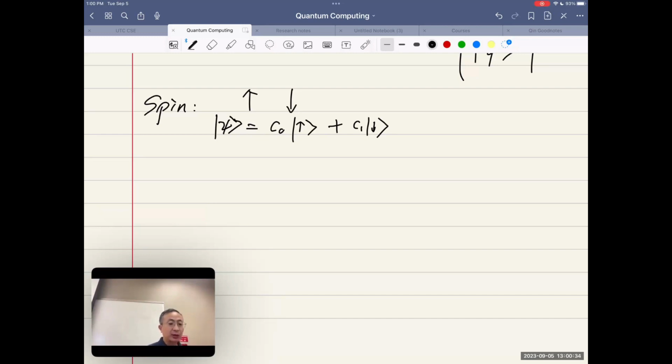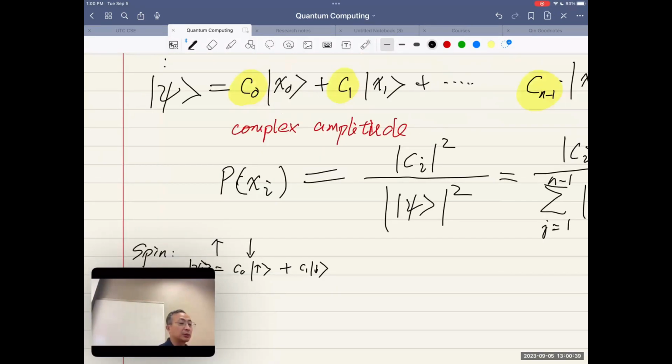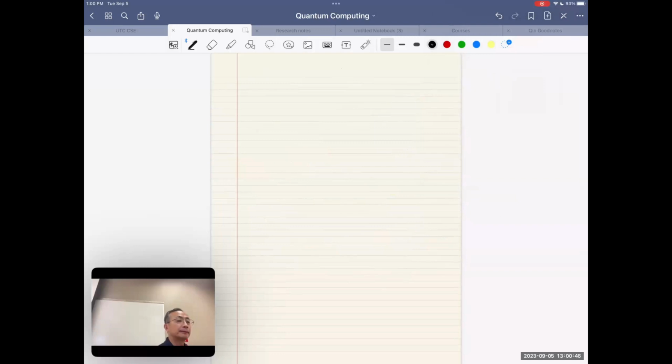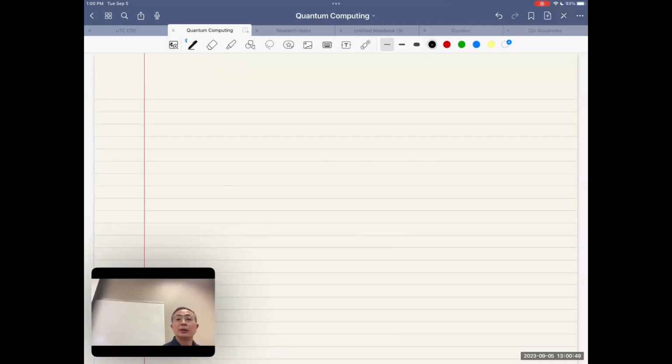And the next concept is the so-called, I think I'm going to start with a new page, to emphasize this, the so-called transition amplitude.